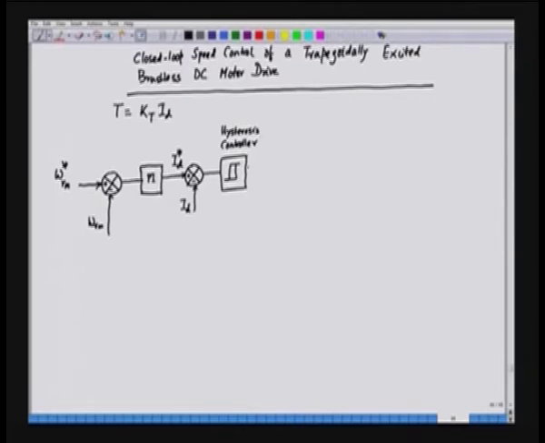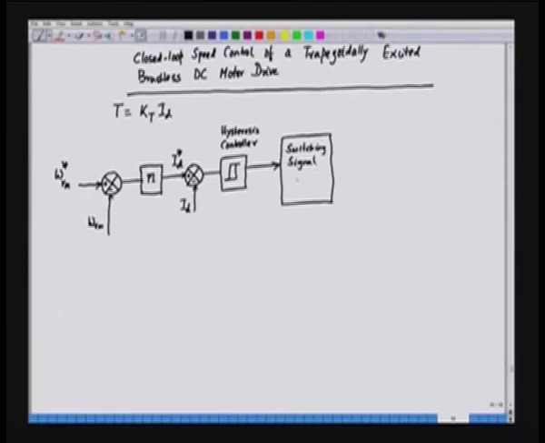The hysteresis controller will be giving the signal to a switching signal generator, which will be generating the gate drives of the inverter that we have just discussed.